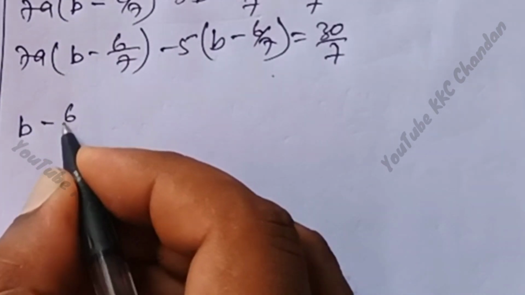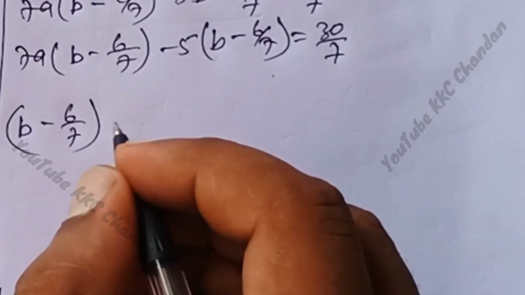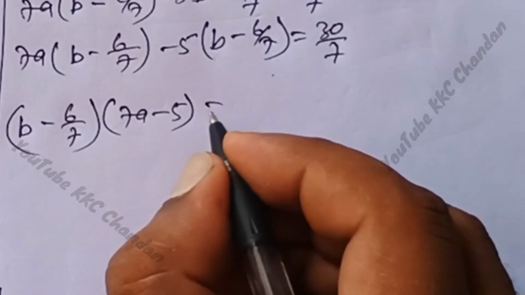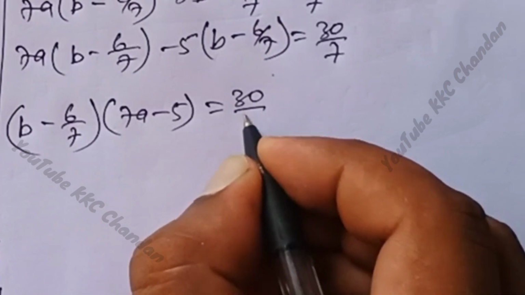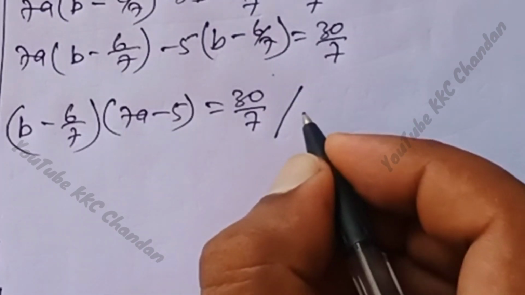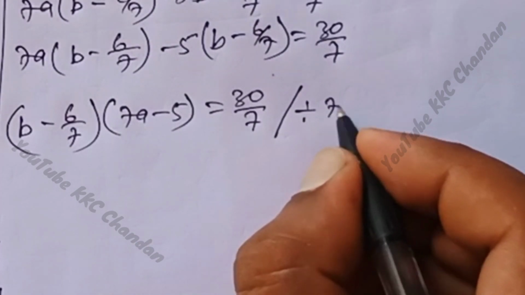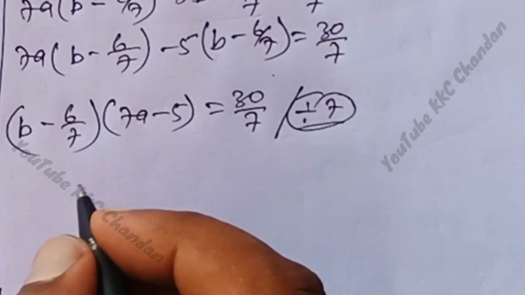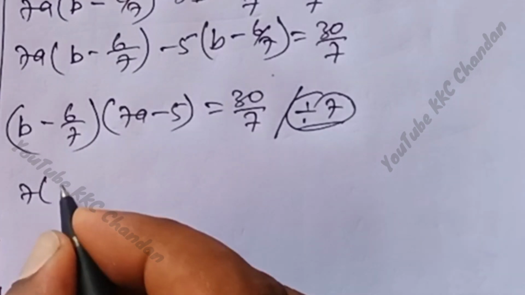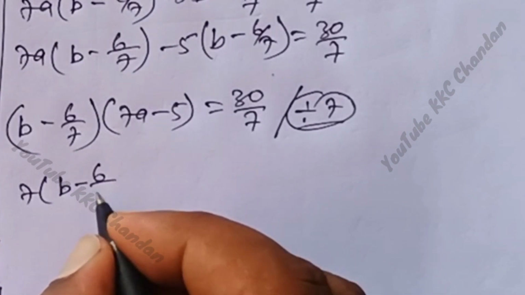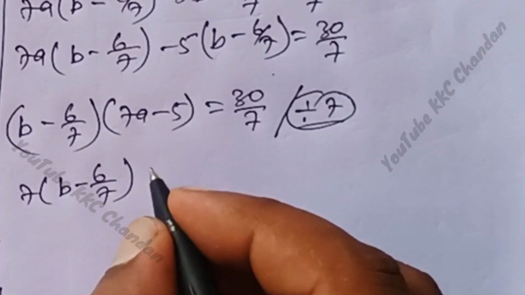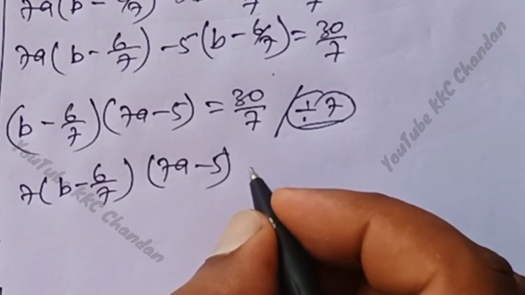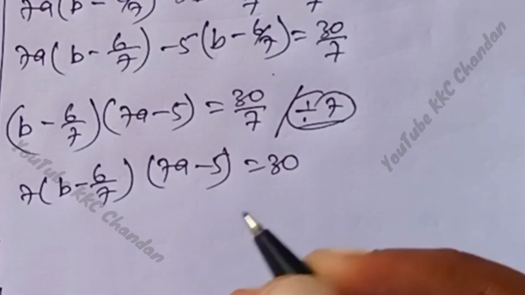So bracket b minus 6 divided by 7 bracket close into bracket 7a minus 5 bracket close is equal to 30 divided by 7. Dividing both sides by 7, we get 7 into bracket b minus 6 divided by 7 bracket close into bracket 7a minus 5 bracket close is equal to 30.